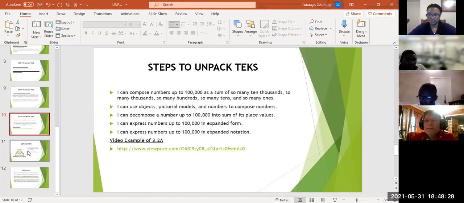The guy taught how to unpack the TEKS, so the teachers can relate to that. It also showed them what questions can be asked from those TEKS. So it's for both teachers and students.